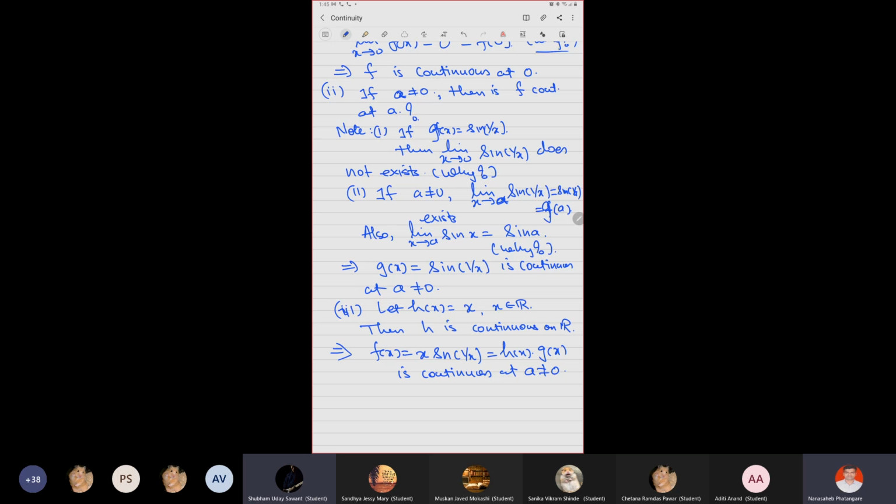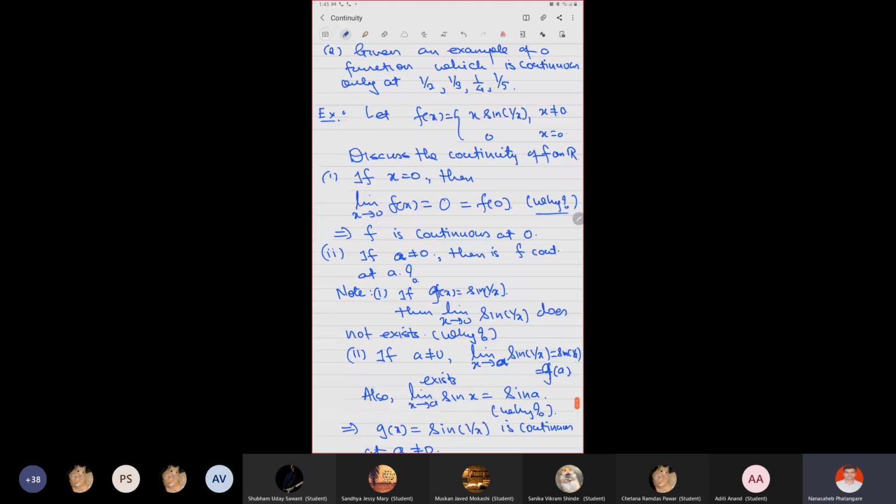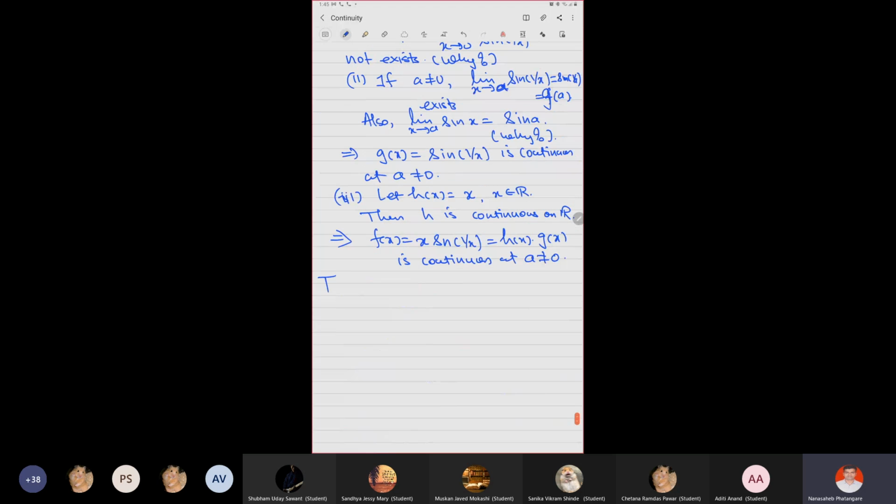Yes, sir, because h is continuous everywhere and g is continuous at non-zero points, so the product is continuous. Therefore f of x is x sine 1 by x is continuous at non-zero points. And already we discussed that it is continuous at 0 also. And therefore, what is the final conclusion? Thus, f is continuous everywhere on R.